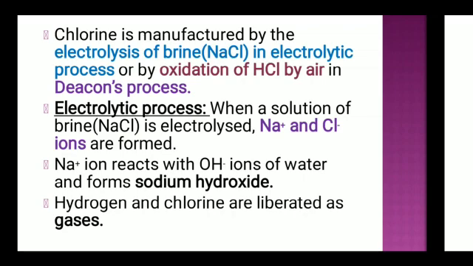When a solution of brine, that is sodium chloride, is electrolyzed, it ionizes as Na plus and Cl minus ions. The Na plus ion reacts with OH minus ion. The OH minus is from water, and Na plus is from NaCl. Both react and we get sodium hydroxide, NaOH.